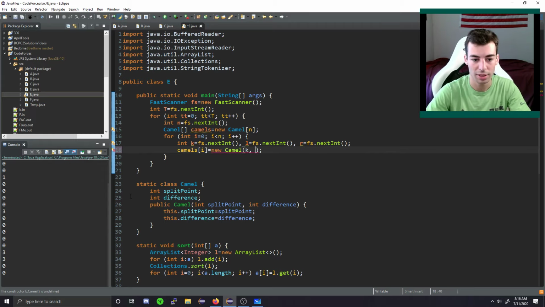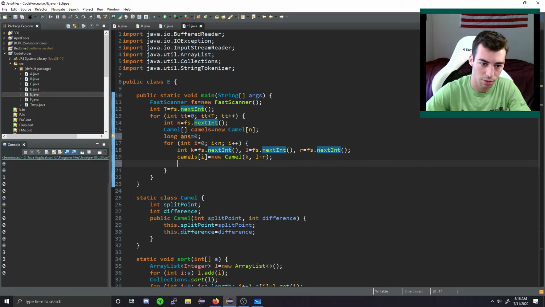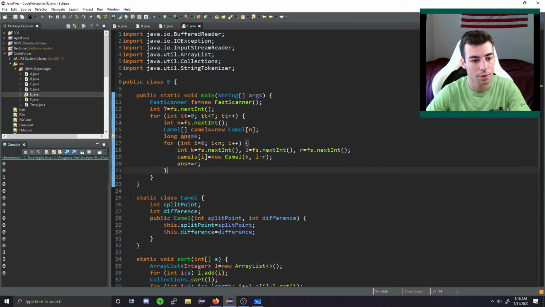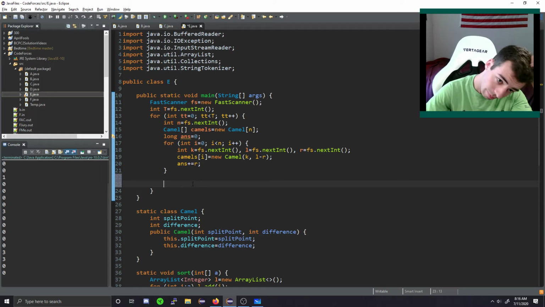The split point will be K, and the difference will be R minus L, or L minus R. Yeah, okay, and now int equals 0, int plus equals R. Good. So now at the end we can print answer plus like some best probably.